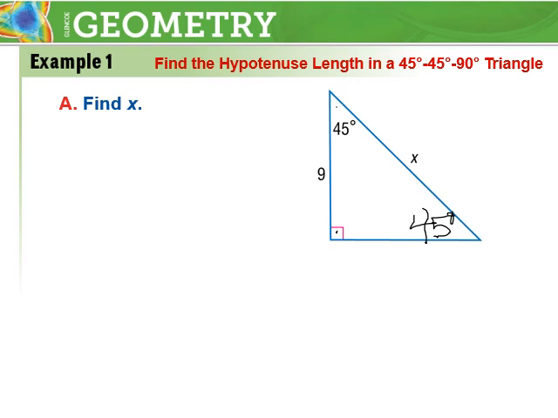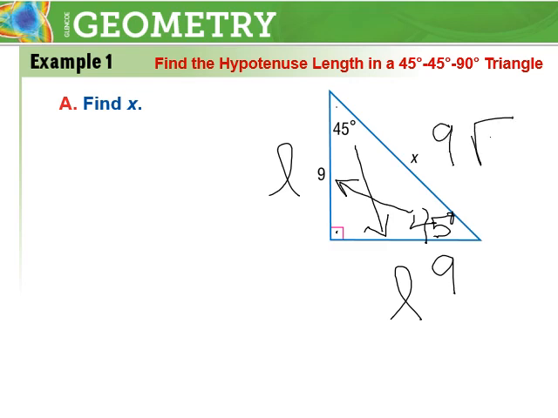So when we look at this particular triangle, you're going to see that this side along the horizontal and this side along the vertical are going to be the L's from the previous slide. And they're both going to be the same amount. So if this one is 9, then this one is 9, and this one is 9 times the square root of 2.